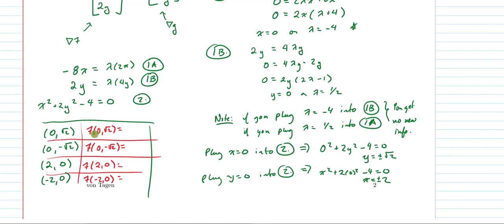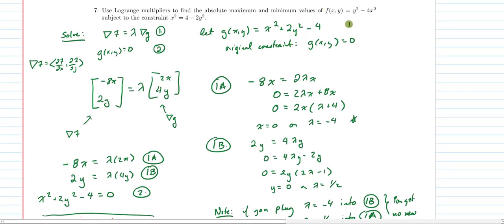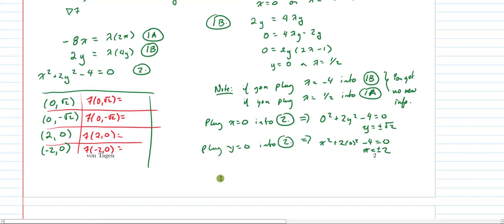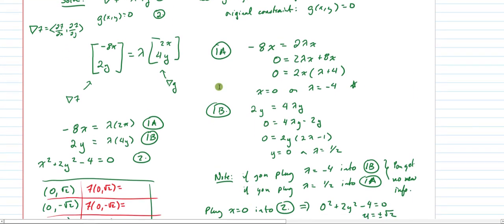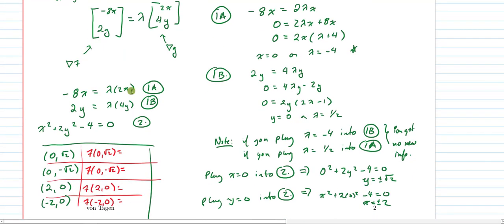And so if I were to plug the ordered pair 0 comma square root of 2 into our original function, let's go see where that was again. If we were to plug it into this original function here, our f of x, y, our surface, remember these are our candidates for absolute maximum and minimums, then we would end up with f of 0 square root of 2 comes out to be the z value 2.